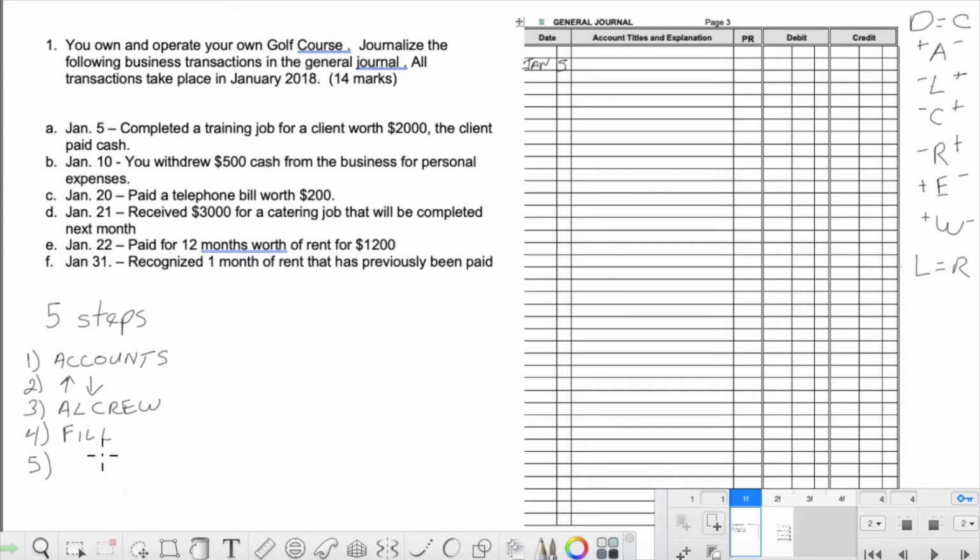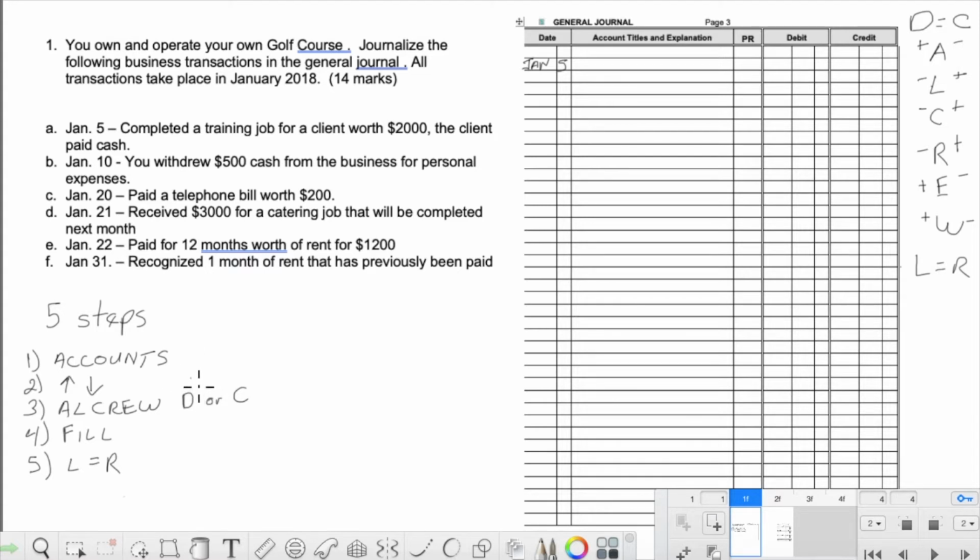And last but not least, number 5, left equals right. So the only thing that we're going to add to this is in the LCRU, understanding whether it's a debit or a credit.